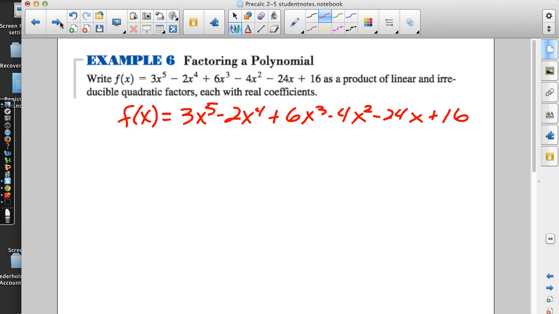Graphing calculator. We've got to find at least one nice zero to get us started and see if we can find something to get us going. 3x to the 5th minus 2x to the 4th plus 6x to the 3rd minus 4x squared minus 24x plus 16. I hope that's in there right.